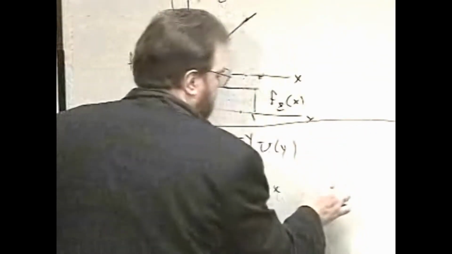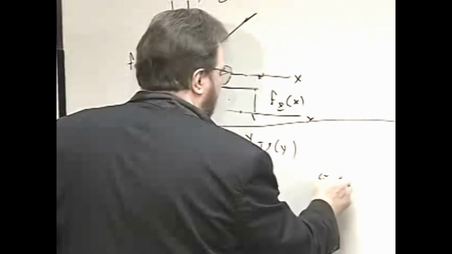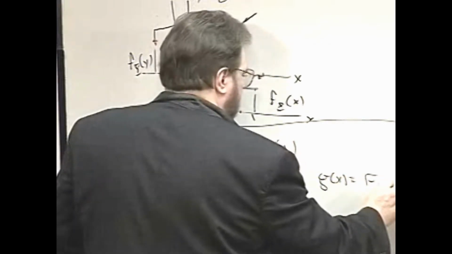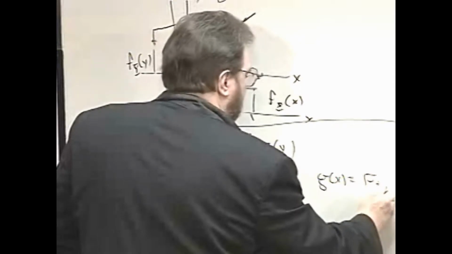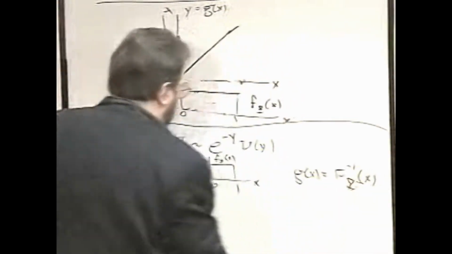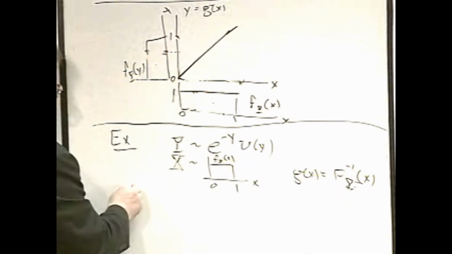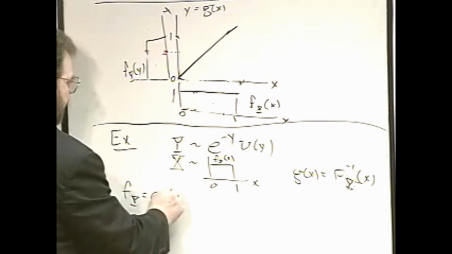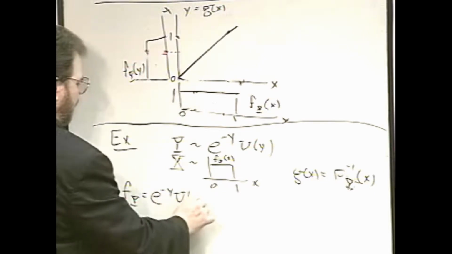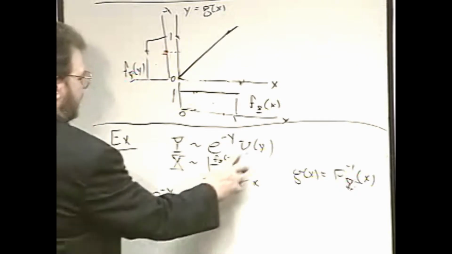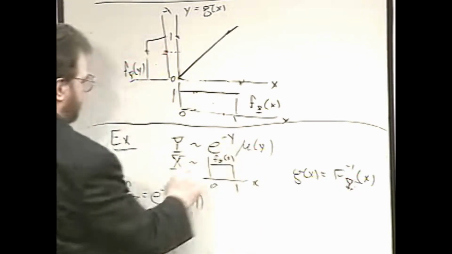Well, one of the solutions is to give my g of x as equal to f sub y inverse of x. Well, what is that equal to? Well, if the density function that we want is equal to e to the minus y times u of y, I think I'm being inconsistent. This is mu corresponding to a unit step.